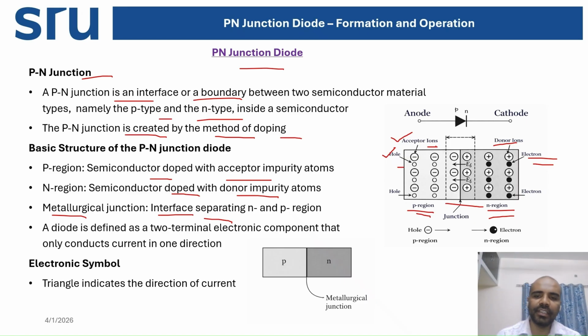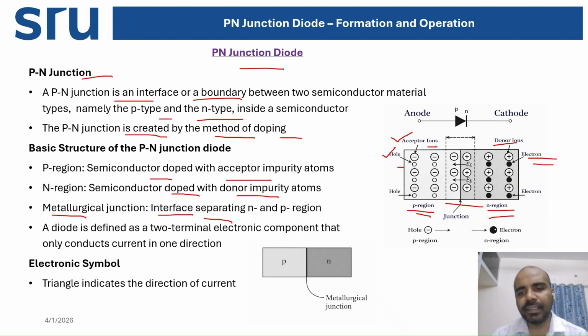The majority charge carrier for the P region is hole and it has high concentration at the P region, whereas the majority charge carrier for the N region is electron and it has high concentration at the N region. So electrons try to move from high concentration to low concentration, that is N region to P region, whereas holes also try to move from P region to N region, because holes have high concentration at the P region.